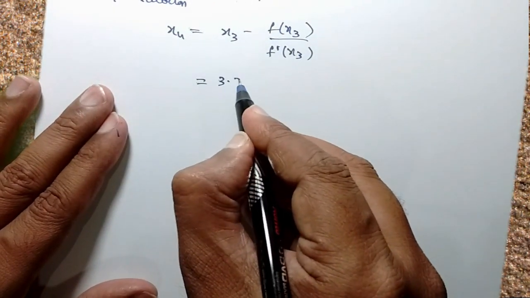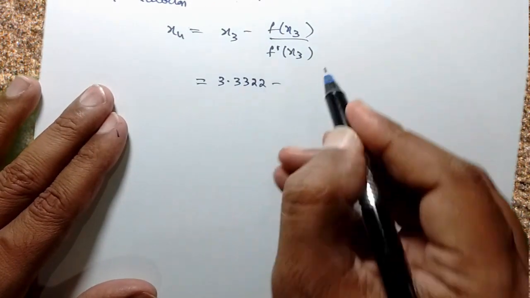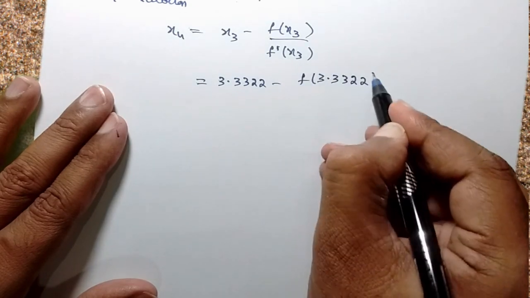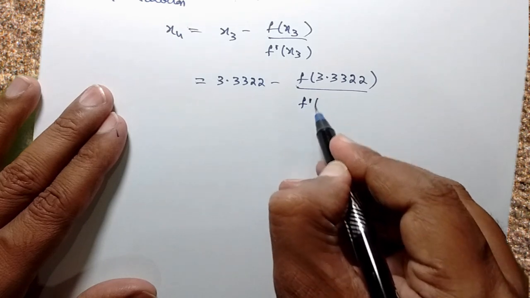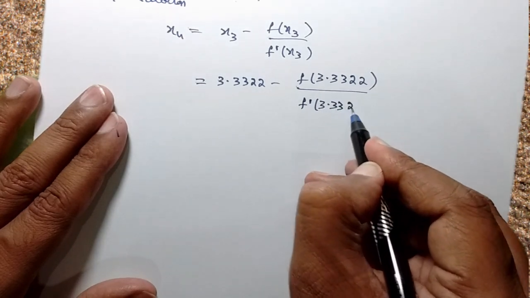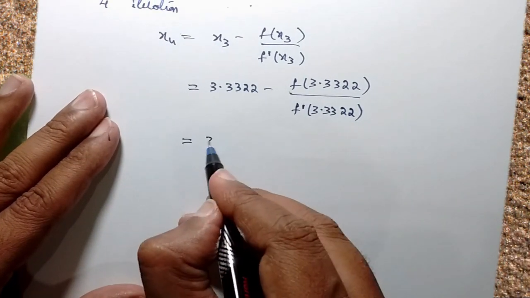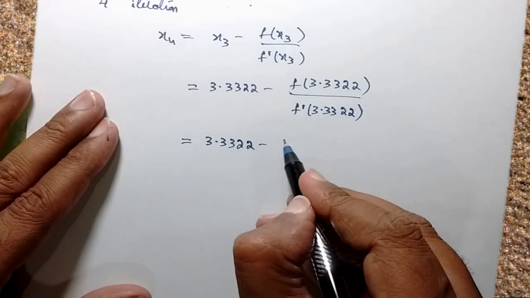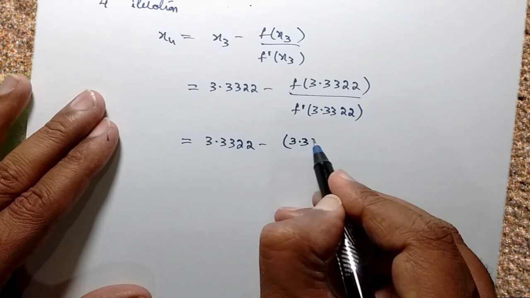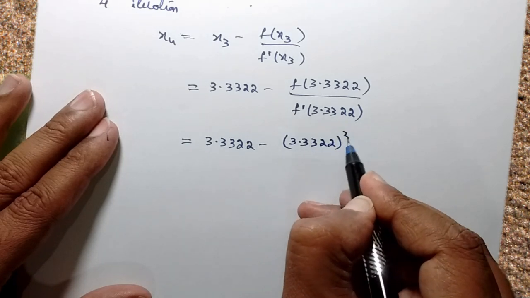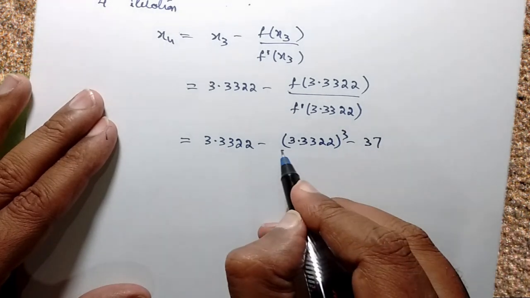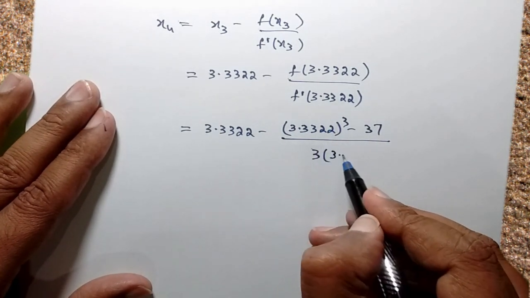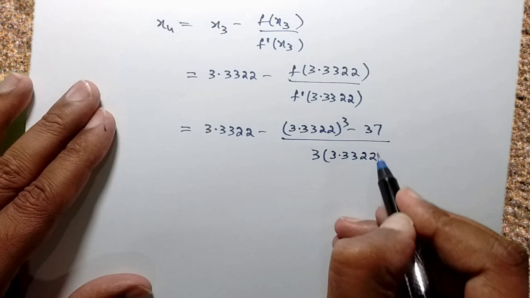X3 value is 3.3322 minus f of 3.3322 divided by f dash of 3.3322, which will be equals to 3.3322 minus, what is f of x? X cube. So x value is 3.3322, x cube minus 37 divided by 3x square. So 3 times x value is 3.3322 whole square.